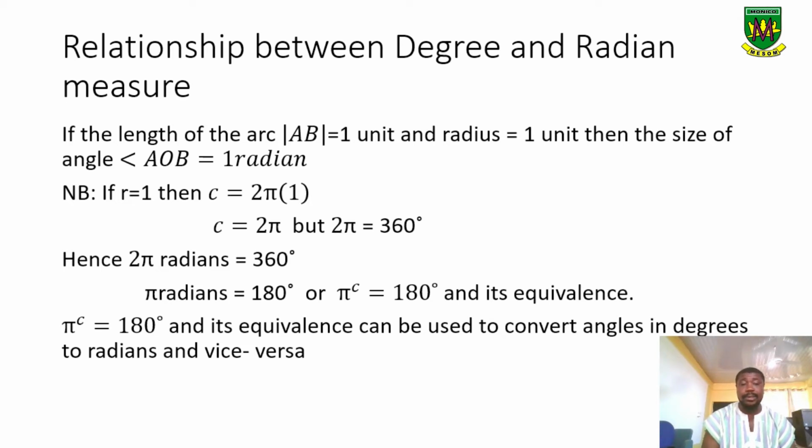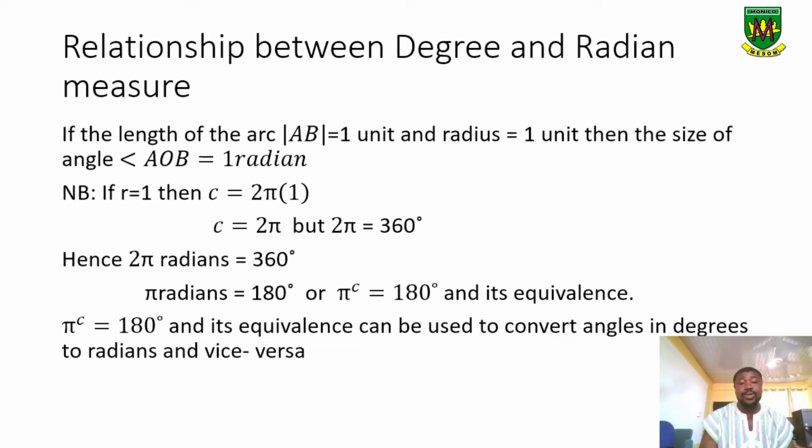Hence, 2 pi radians is equal to 360 degrees. If you divide this through by 2, then 2 pi radians divided by 2 leaves pi radians, and 360 degrees divided by 2 gives us 180 degrees, which brings about another equation.